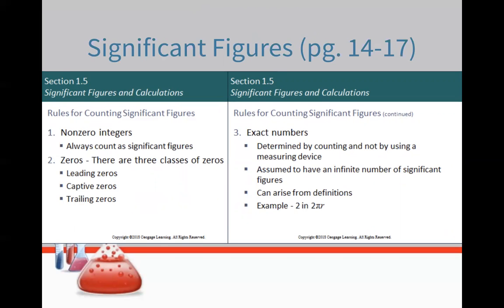Zeros are where it gets tricky. You can have a leading zero, a captive zero, or a trailing zero, and it just depends. If you have an exact number, which sometimes you're given for a problem, those are assumed to have an infinite number of significant figures.